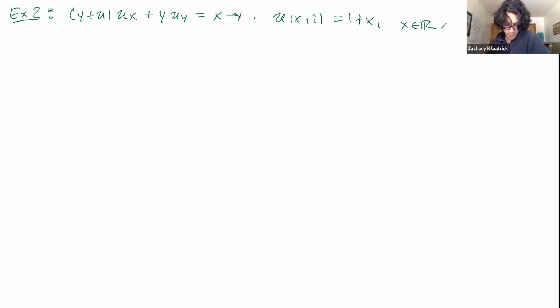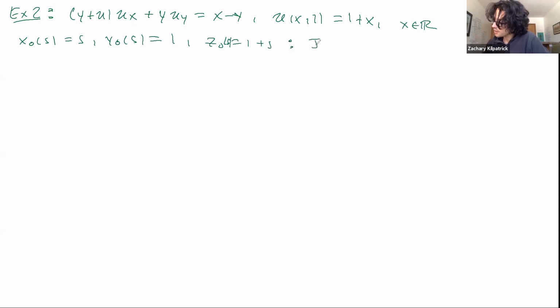As we showed, the parameterization of the initial data here should be x0 is s, y0 is 1, z0 is 1 plus s.